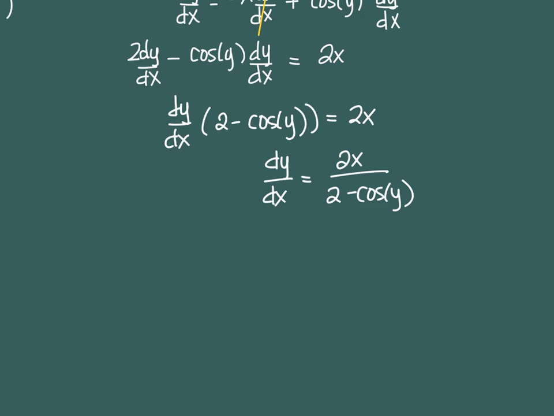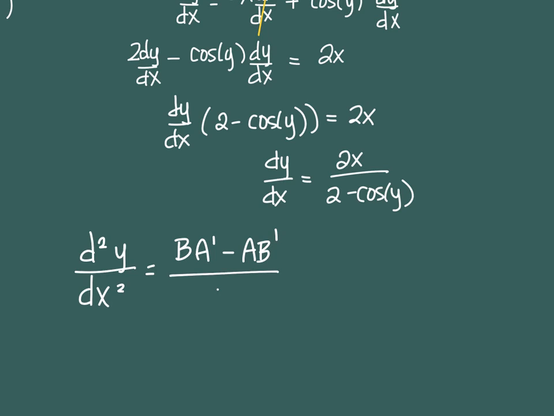Quotient rule. All right, so the second derivative, d2y/dx2, of what we just found, will be the quotient rule, which remember is ba prime minus ab prime all over b squared.